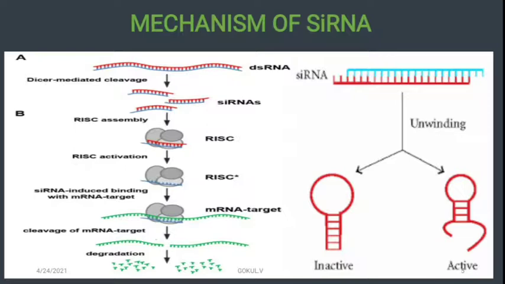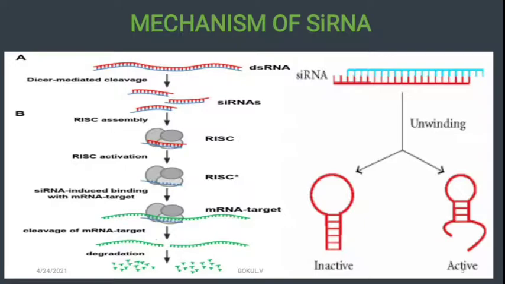RISC is nothing but RNA induced silencing complex. The fourth step is strand unwinding and separation. Fifth step, targeting specific mRNA molecule. Then the last step is slicer mediated cleavage, and the RNA is degraded by exonuclease. These are the 6 steps involved in the mechanism of siRNA.